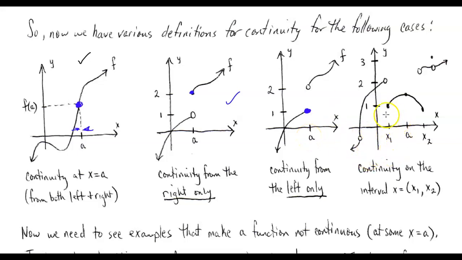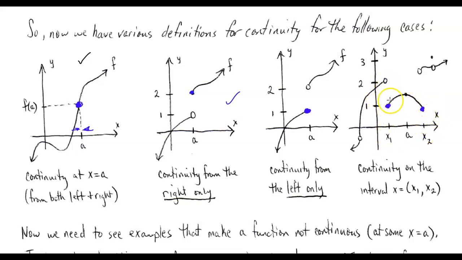And then if we have continuity on an interval, notice that here the defined points are on this particular interval, and therefore we say that the function is continuous everywhere in between x equals x sub 1 and x sub 2. We don't necessarily say that the function is continuous at x equals x sub 1 because it's not continuous both on the left and on the right, okay, in both of these cases here.